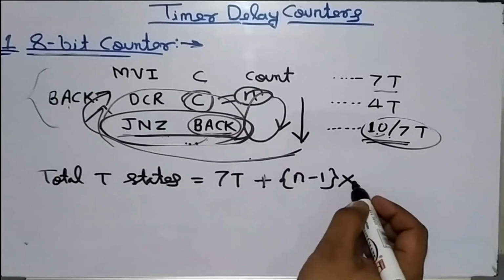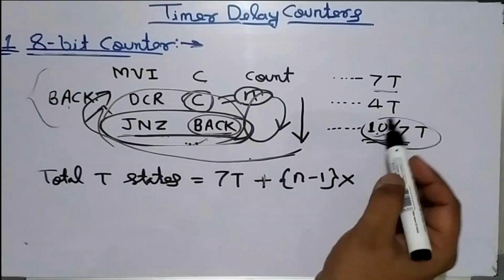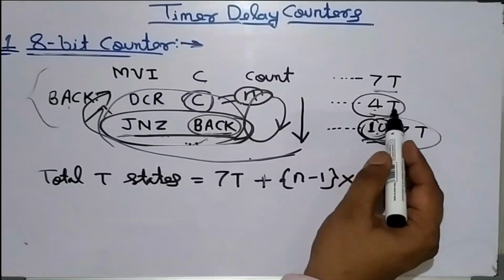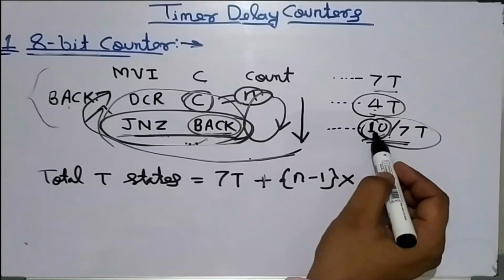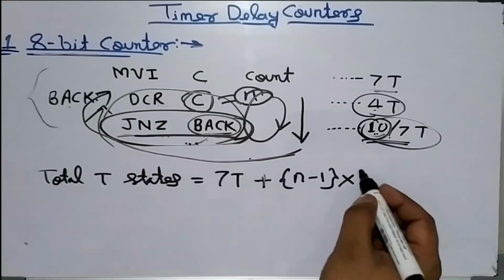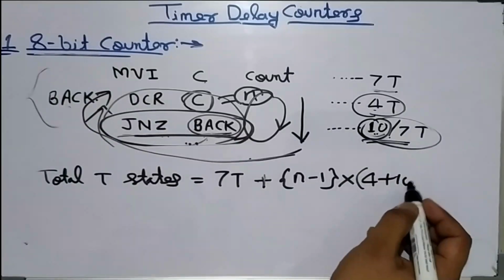Okay, in one loop the time consumption will be 4T and 10T. In one loop 4T and 10T will be consumed if the jump is executed to the back address, hence 4T plus 10T.